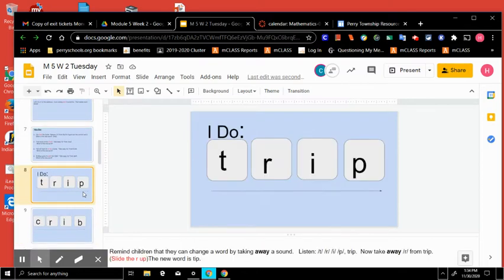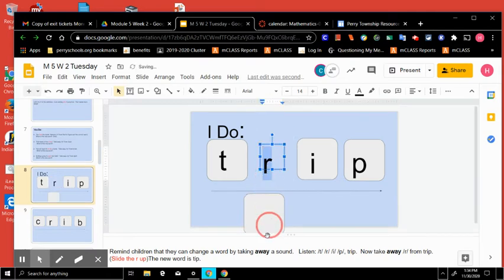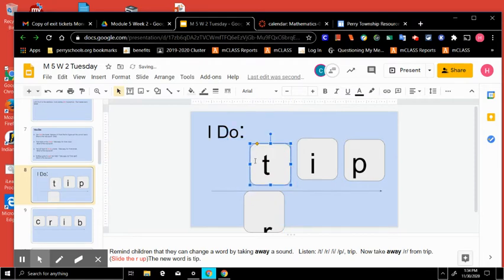You can change a word by taking away a letter. Listen, if I say trip, but now I take away the R, and I put the T together, now my word is tip.